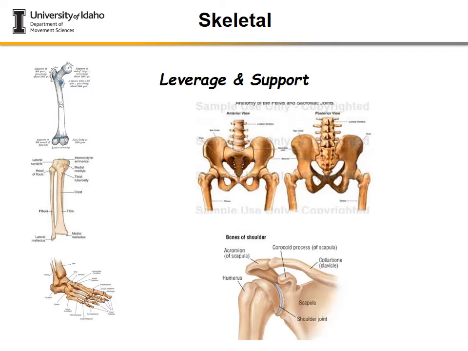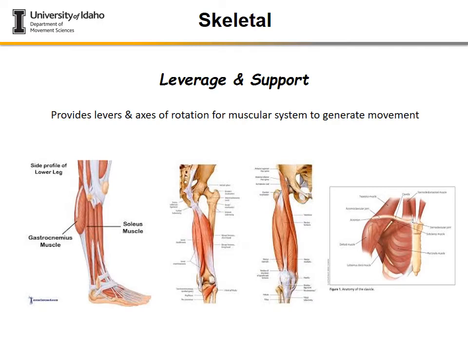And then you have the pelvic girdle, which is a huge location of attachments and origins. To further that example of how locomotion or leverage and support are used with the bones and the skeletal muscle, you can see here some of the origins and insertions and how the bones interact with the skeletal muscle to provide levers and axes of rotation to generate the movement of both the lower extremity and the upper extremity.